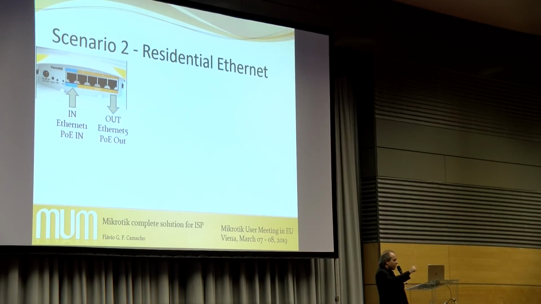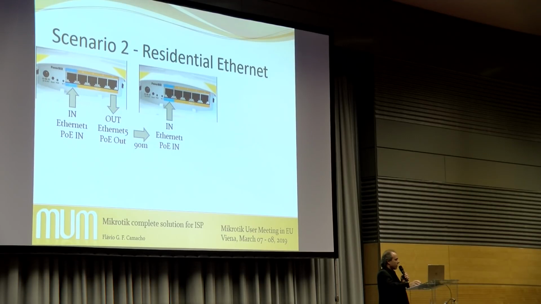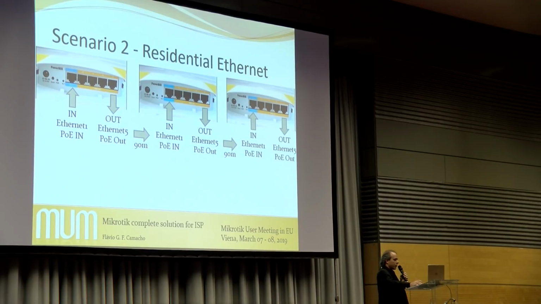And in Ether 5, with power out, we come out with energy to another power box, located 90 meters to the other. In the first one, we come with energy, and in the Ether 5, we come with PoE out, more 90 meters, another one. PoE in, PoE out. And with this, we go moving, lots of kilometers.